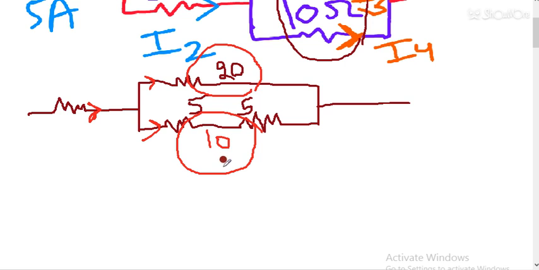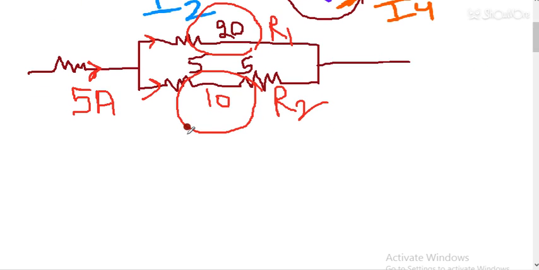So now listen to me carefully. Let's suppose this is R1 and this is R2, and this is 5 ampere current. I am telling you a step by step description of this question. So now see, the voltage across resistance R1 is V1, which is equal to I1 into R1.